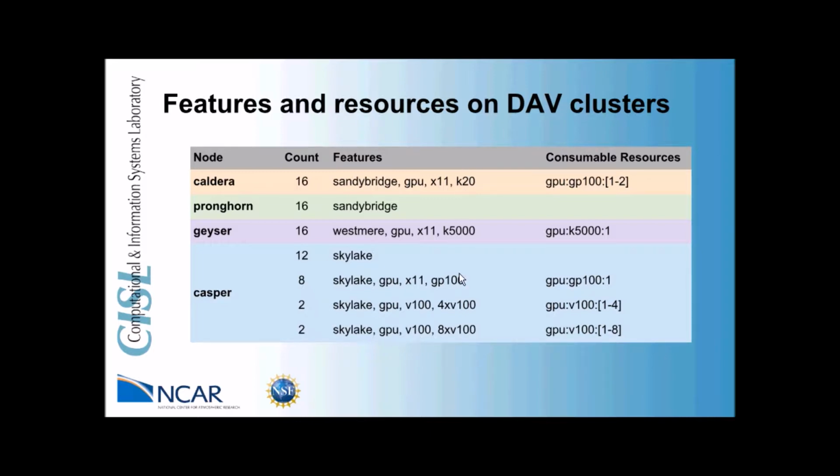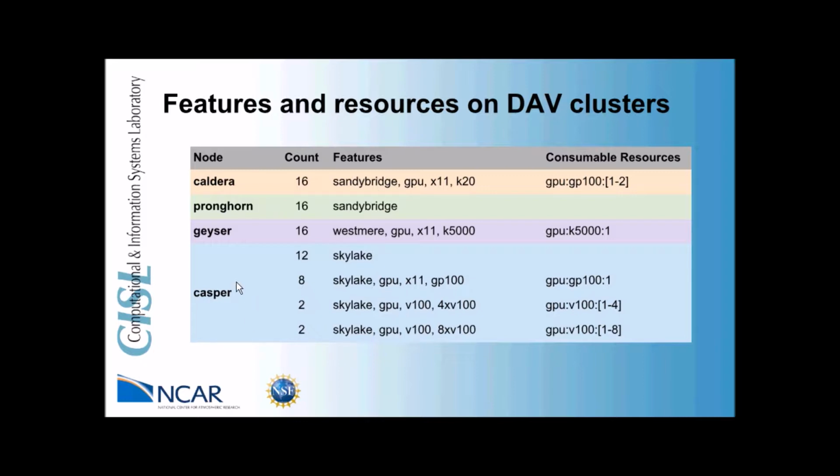And then the exact GPU type is also specifiable. There's this further constraint, 4x V100 and 8x V100, which is how you can constrain yourself to a count of the V100s being available on the Casper nodes. I didn't list it here, but the node name is also a feature constraint.